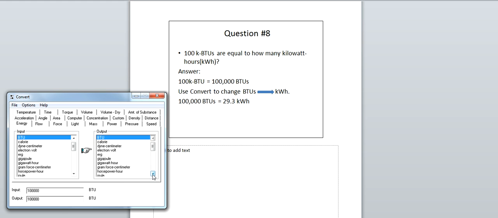So we could change this side to kilowatt hours, and you get, in convert, 29.3 kilowatt hours. Number 9.